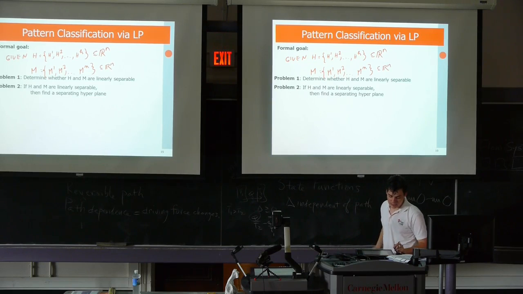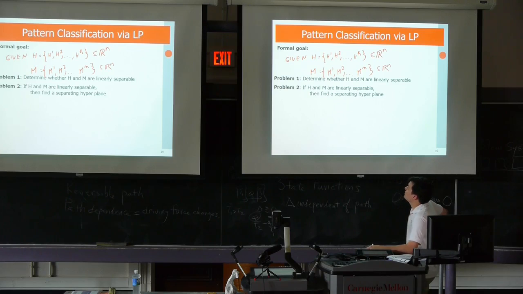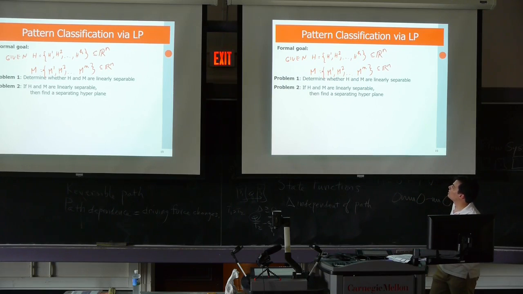We have these two sets, and the first problem is to determine whether H and M are linearly separable. The second problem is, if they are linearly separable, then we want to find a separating hyperplane.